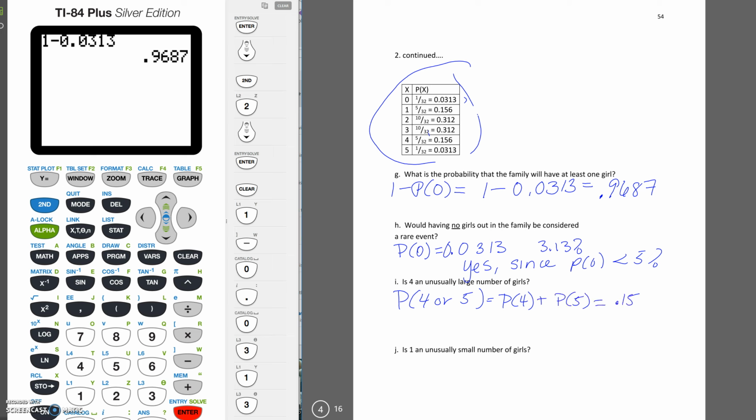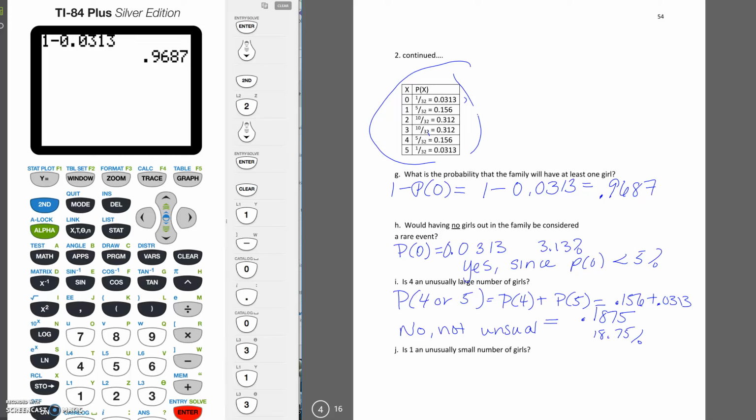So 0.156 plus 0.0313, which will give us 0.1875 if you add those. So that's 18.75%, so that would not be unusual since it's over 5%.